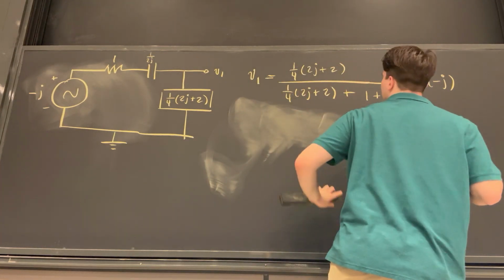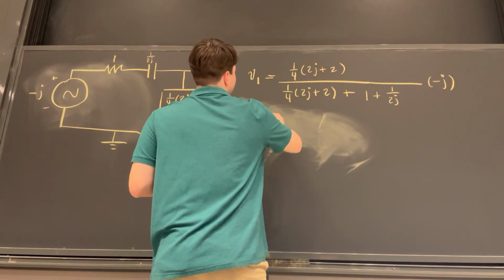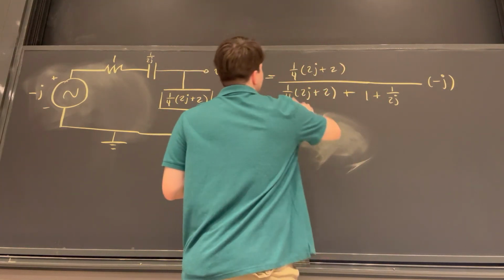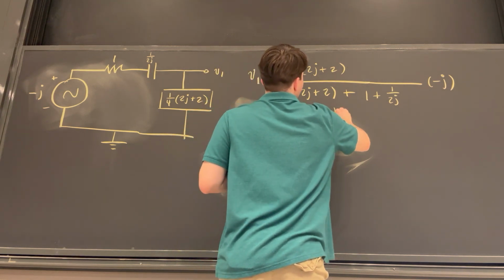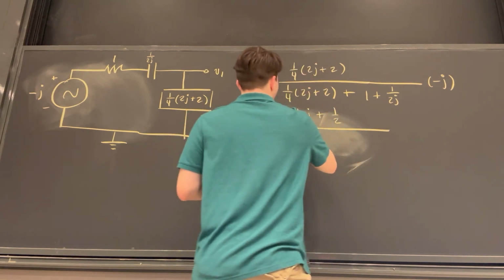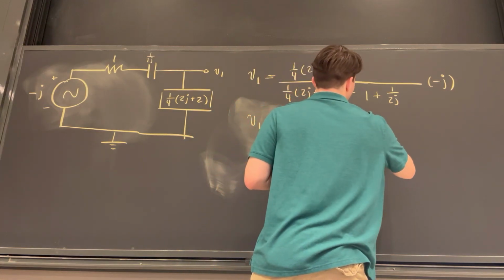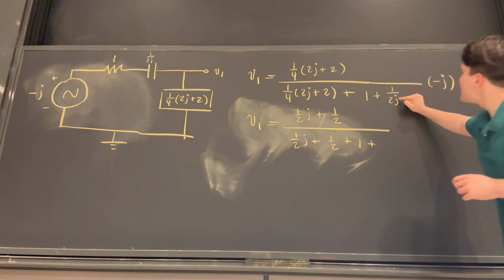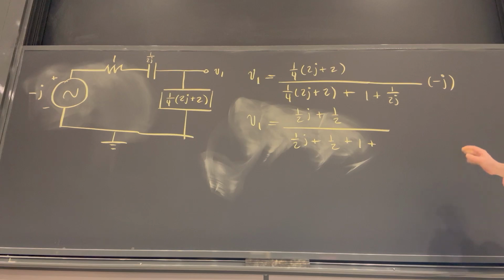So now let's go ahead and simplify this whole formula. We know that V1, let me just distribute this 1/4. That's going to give me 1/2 j plus 1/2, all over 1/2 j plus 1/2 plus 1 plus, and if I bring this j, which is in the denominator of this tiny fraction, into the numerator, remember that makes me flip signs.